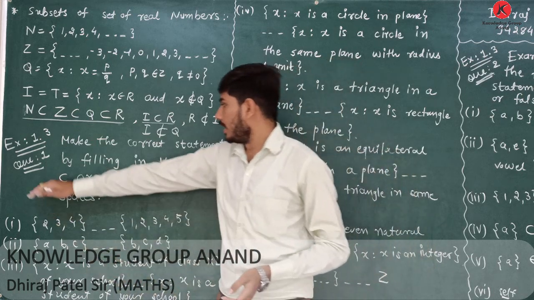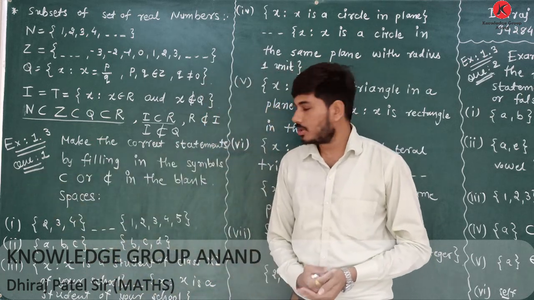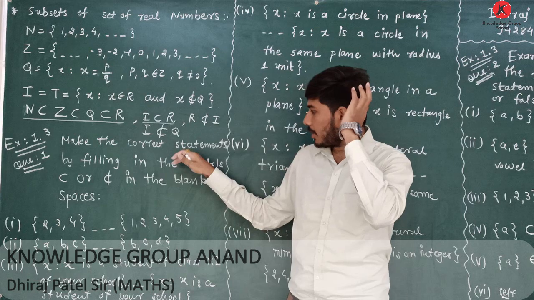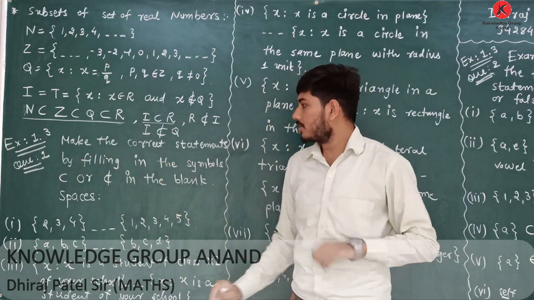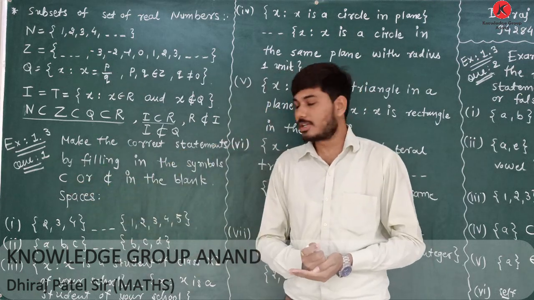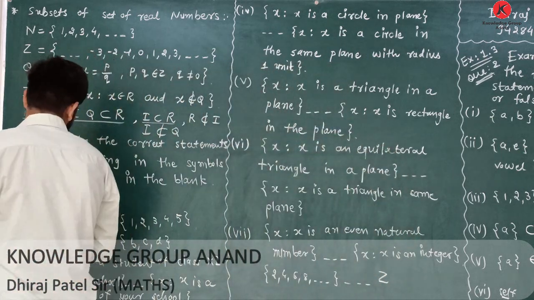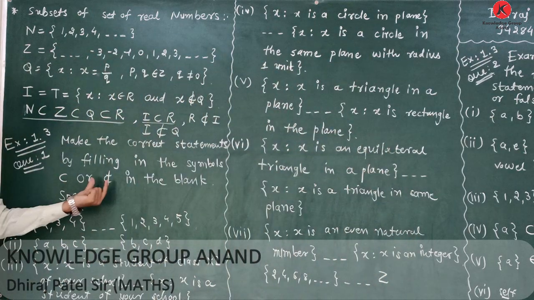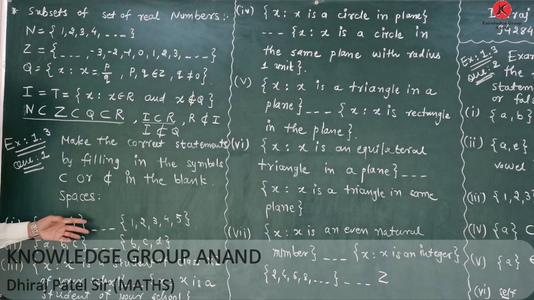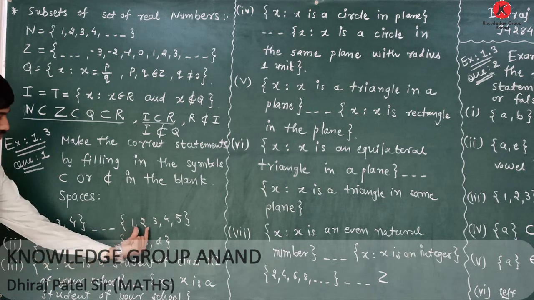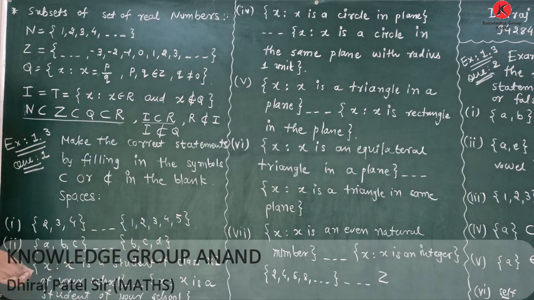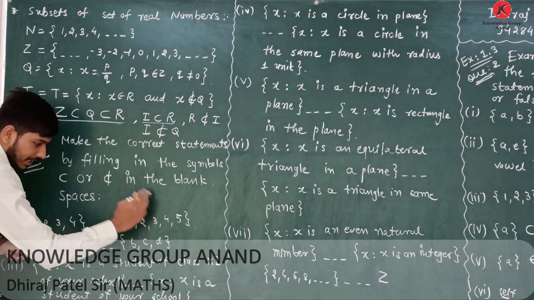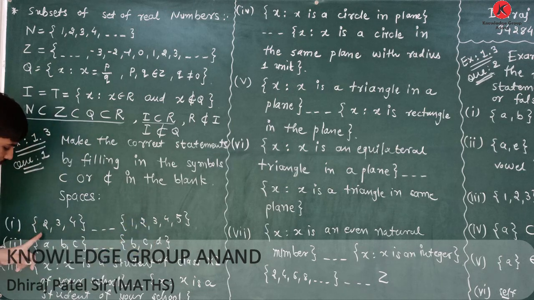As well, we can say that T or I, the irrational numbers, is not a subset of rational numbers. The set of irrational numbers is not a subset of the set of rational numbers, or you can also say that the set of rational numbers is not a subset of the set of irrational numbers. This is the important topic, the relations between N, Z, Q and R as well as I and R.